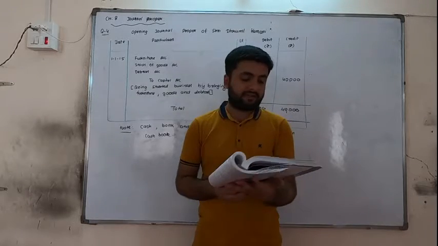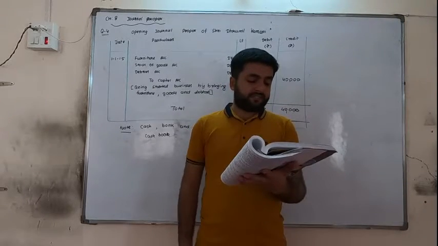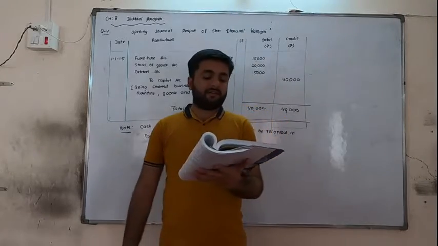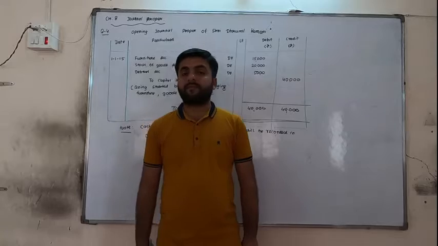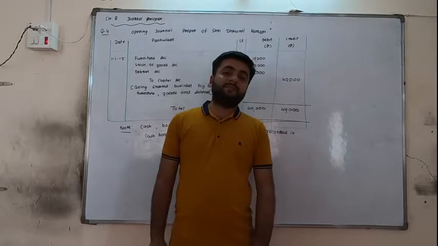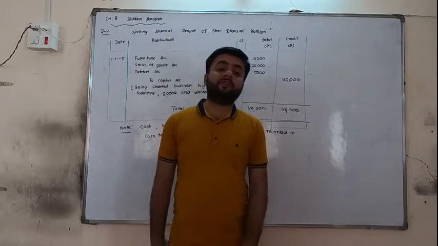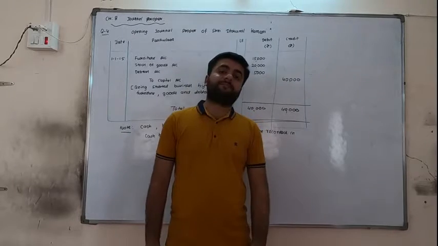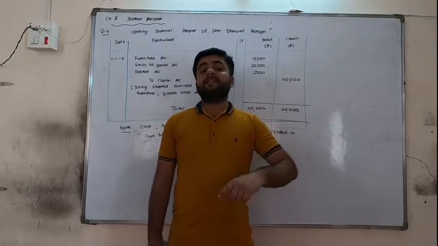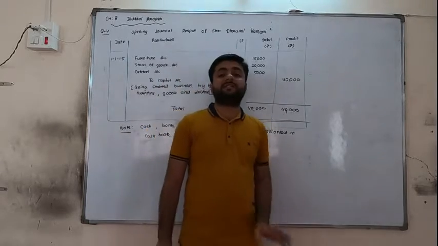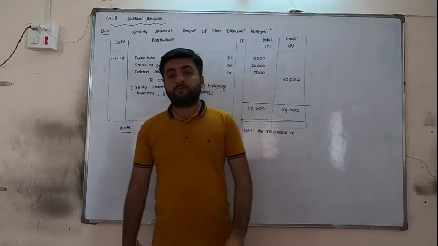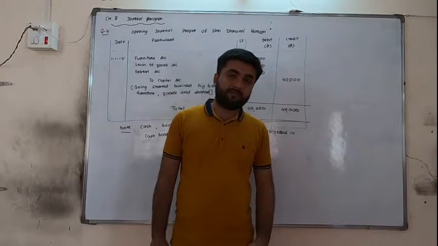Which are they? A. Credit purchase or credit sale of an asset and profit or loss on its sale. Sometimes assets are sold or purchased on credit, and then their entry cannot be made in the purchase book, sales book, returns books or cash book. So we have to make it in journal proper.